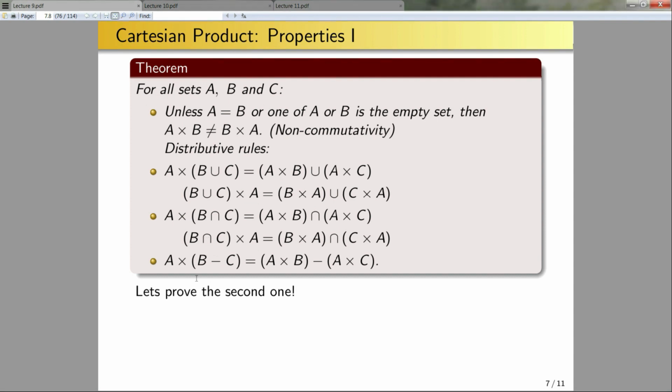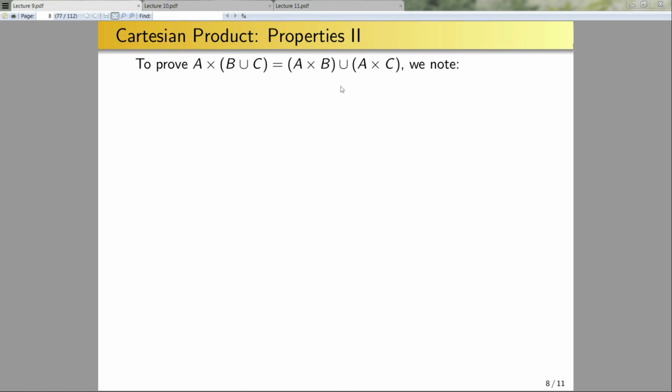So now let's prove the second one of these. Explicitly, let's prove that this property holds. Before we get into the proof itself, I want you to notice that I'm using the basic methods to show that one set is equal to another set. But in addition to that method, I'm now working with the definition of the cross product. So to prove this expression, I'm going to show that an element is in this set here if and only if that element is in this set.